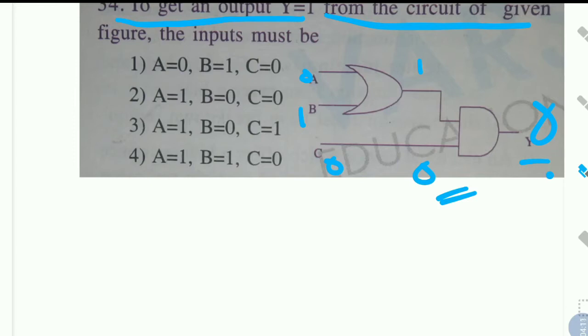So the first option is wrong. Go through the second option: A is equal to 1, B is equal to 0, output is equal to 1, C is equal to 0. So 1, 0, 1, 0, output is also 0. So option 2 is also wrong.